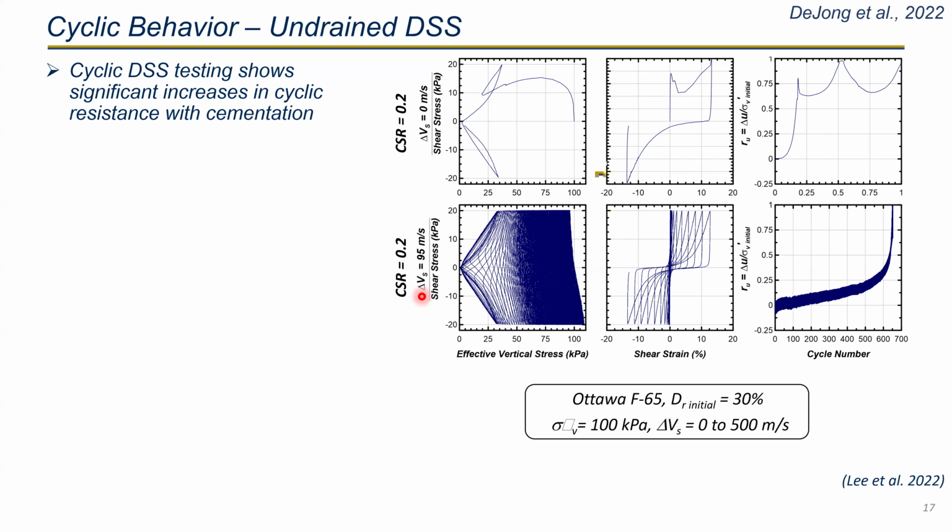One thing to note is that we are using shear wave velocity as an indicator of the cementation level. Shear wave velocity is directly related to the soil stiffness, which is the shear modulus, by G equals rho Vs squared. So higher shear wave velocity means higher stiffness of the soil, which is caused by the MICP treatment.